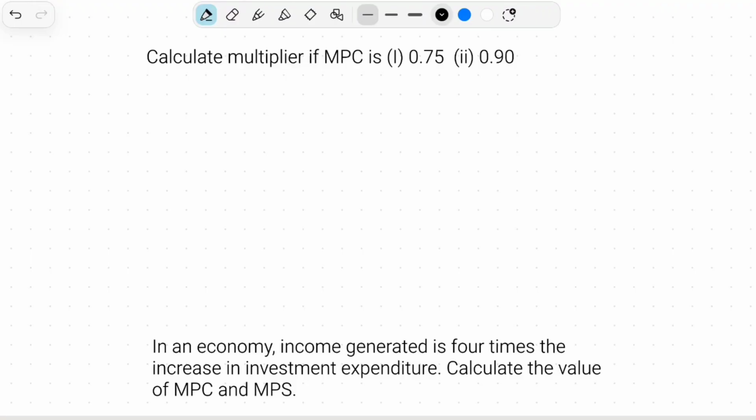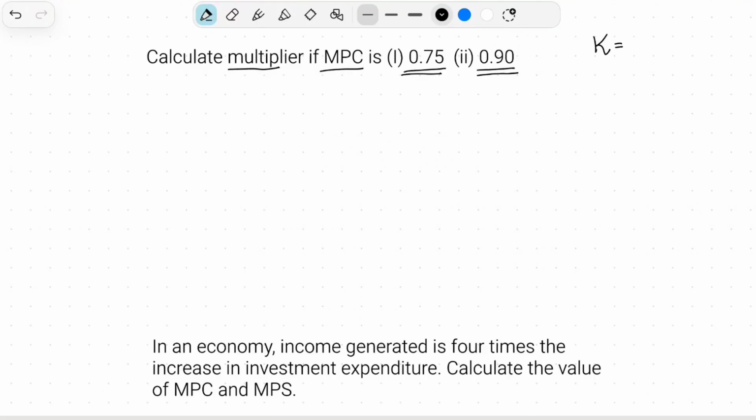So the first question you can see is: calculate multiplier if number 1, MPC is 0.75 and number 2, MPC is 0.90. Given in the question, marginal propensity to consume is 0.75 and 0.90. To calculate the multiplier, there are three formulas.